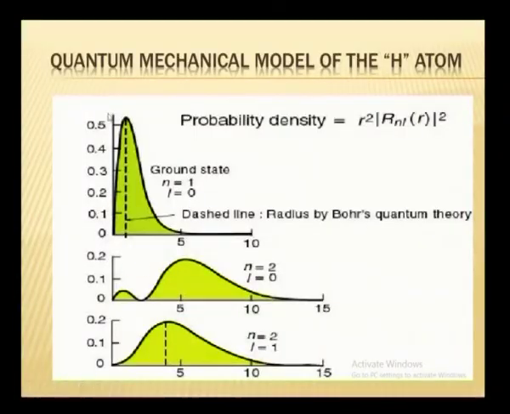You talk of the probability of finding the electron. You do not consider the electron as a particle, it is replaced by a charge cloud, right? The electron is considered as a charge cloud, and you talk of the probability density. What is probability density? It is psi star psi. So, the probability of finding the electron is maximum here, but quantum mechanics does not rule out the possibility of finding the electron at far off places.